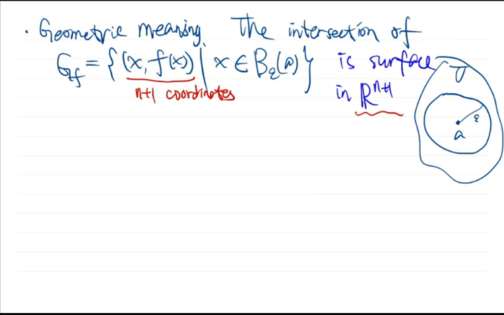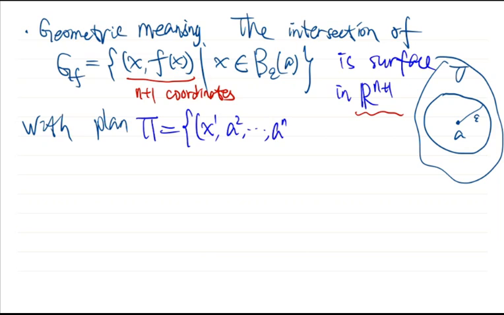Therefore, this is a subset of R^(n+1). This is usually a surface. So the intersection of this surface with a plane, which we denote by capital Pi, is where the first coordinate is valid, the remaining coordinates are fixed, and the last coordinate y is also valid.